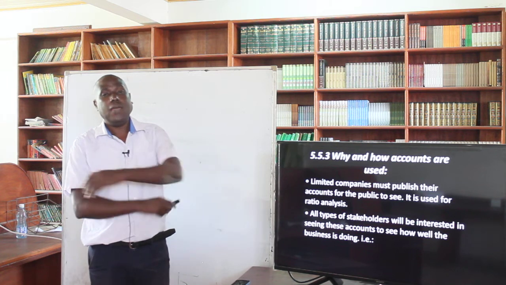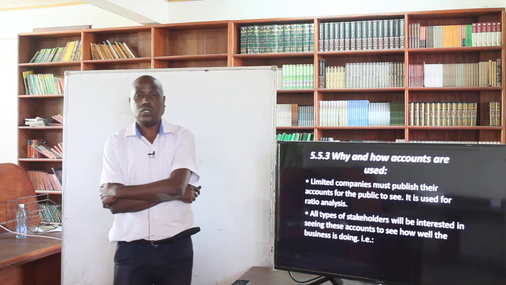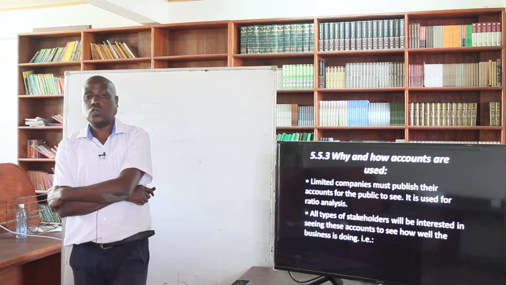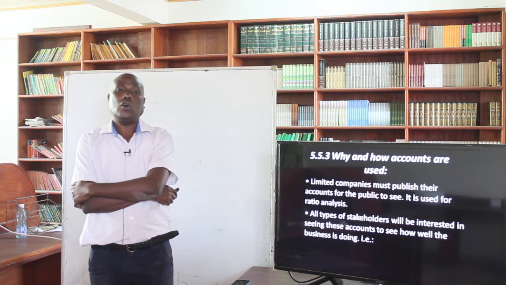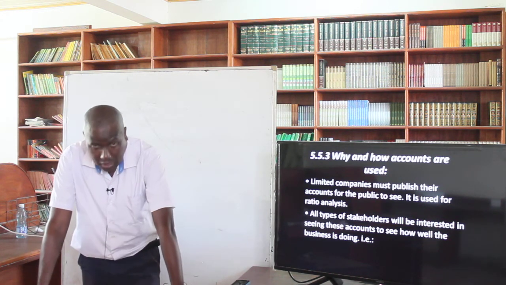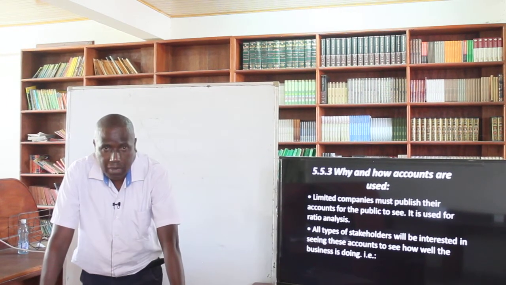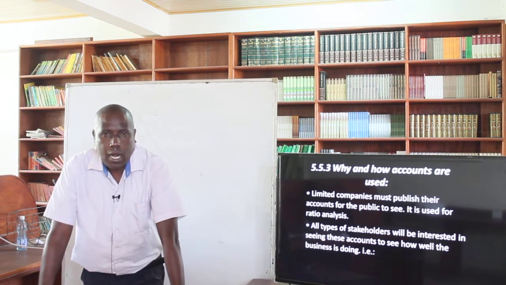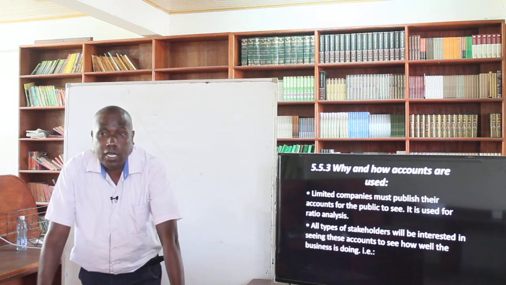Now, limited companies must publish their accounts for the public to see. It is used for ratio analysis. So if you have a limited liability company, a public company, the law requires that they publish their accounts for the public to see.